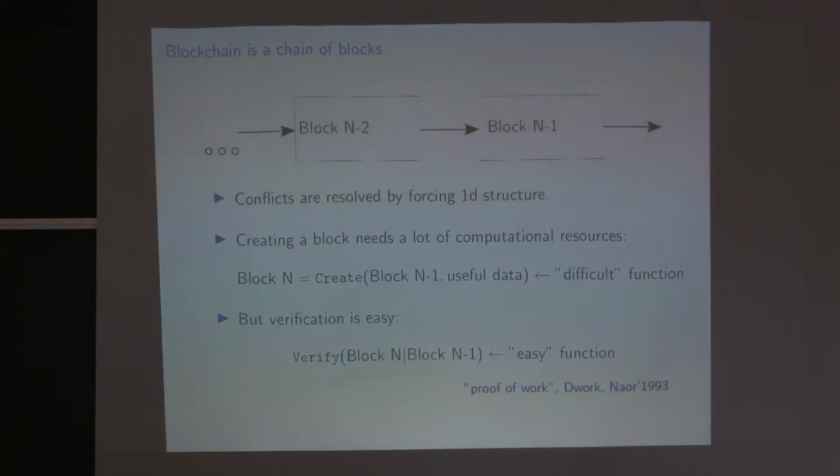So how does blockchain solve this? First of all, it enforces a 1D structure on how events are recorded. As follows from the name, blockchain is a chain of blocks. Each block contains useful information, who gets the inheritance, and some extra data. This extra data is used so that we can create these two functions, create and verify.